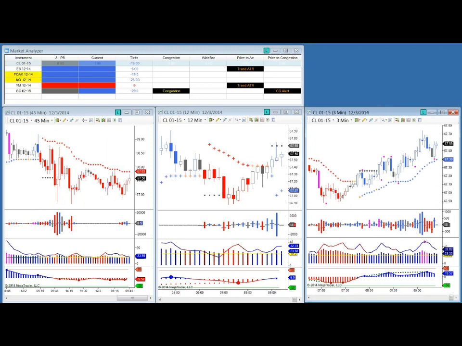I noticed that crude was setting long on the 12-minute. So why are you looking for short? You have overhead resistance at 67.69. You have overhead resistance at 67.83. I'm not going to take a trade that has resistance 10 ticks away from my entry. I'm just not going to do that.